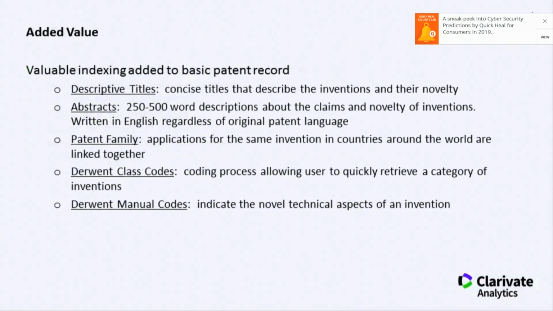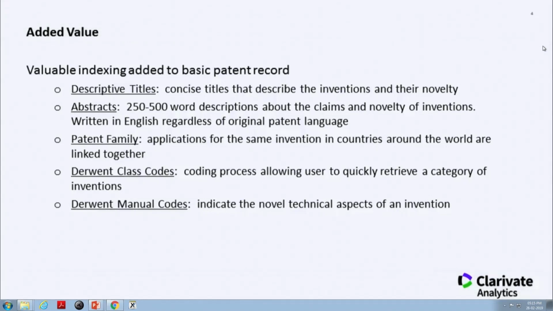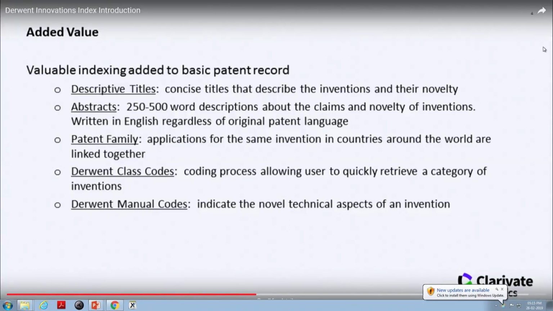Patents are by nature very technical documents that can be difficult to read and condense into only the most important information. Derwent indexers add valuable information to the basic patent record, helping you quickly see what is most important. They provide a descriptive title that describes the novelty of the invention, an English language abstract that discusses the novelty and claims of the invention. Applications for the same invention from around the world are grouped into a patent family.